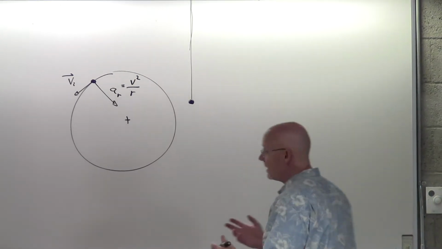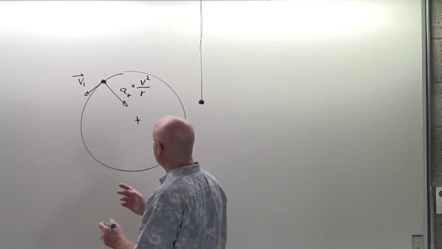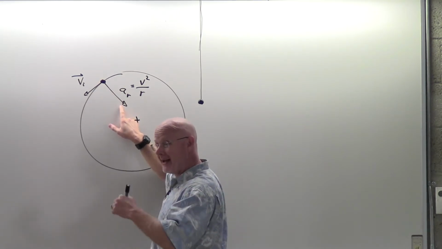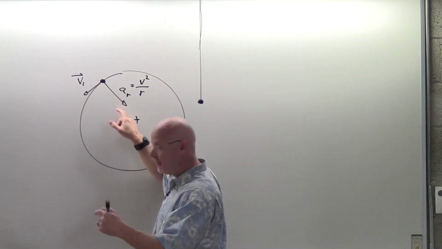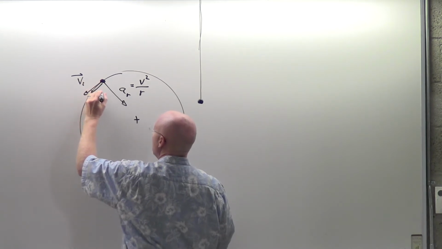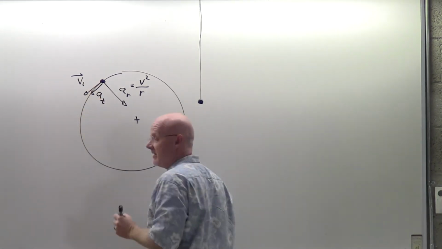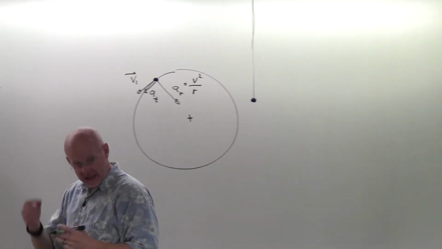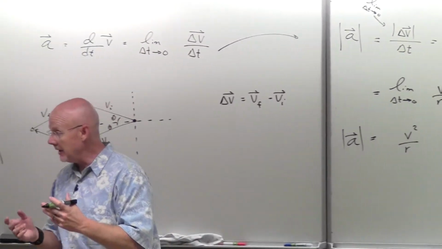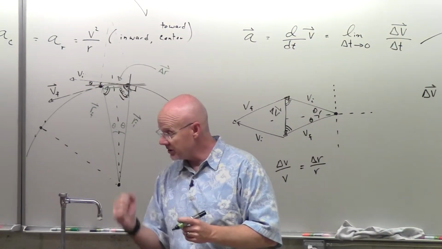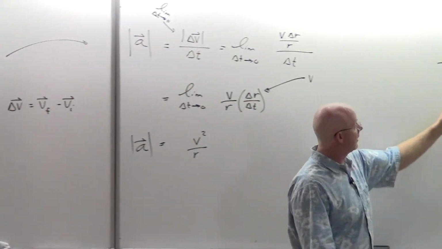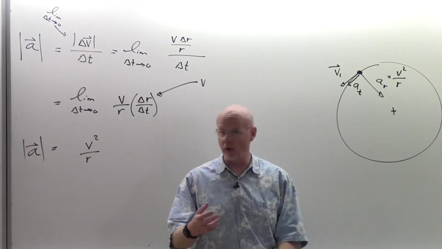Okay, so adding this here, in addition to having an acceleration that is making the object turn, I could have an acceleration which I will call the tangential acceleration. Tangential being tangential to the circle, right? It's in the direction that the object is moving. Wouldn't an acceleration in this piece make it go faster?